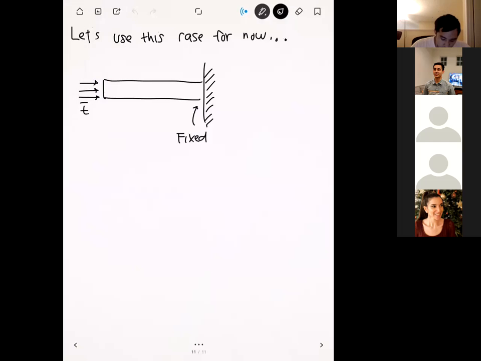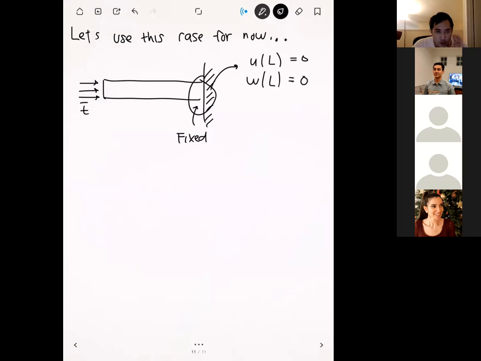And so we have our traction on the left and then fixed on the right. And so what this tells us is that u of L is equal to 0. And remember our requirement on w. At this point w is just any random function, but it did follow some rules. And so our rule for w was that w of L is also going to be equal to 0.